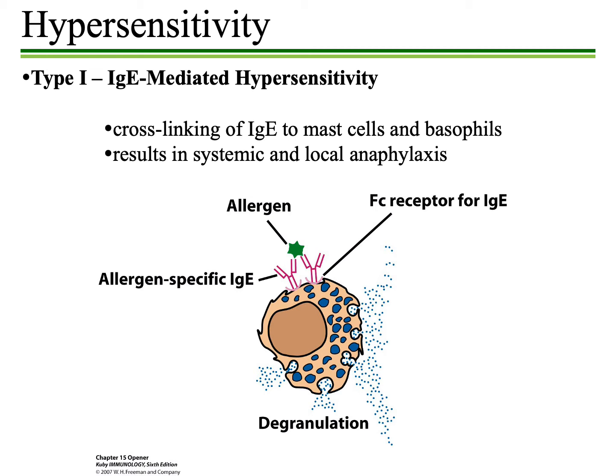These antibodies bind to Fc receptors on both basophils and mast cells. When the allergen comes in contact with the antibody that is bound to the Fc receptor on either basophils or mast cells, this triggers the degranulation event.